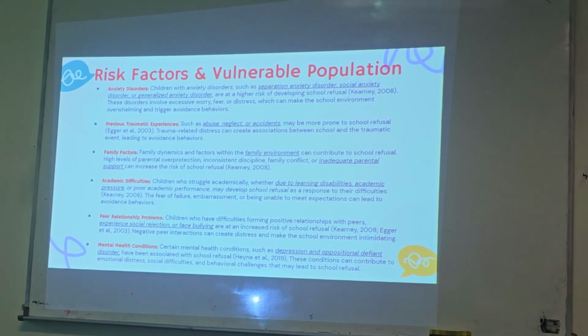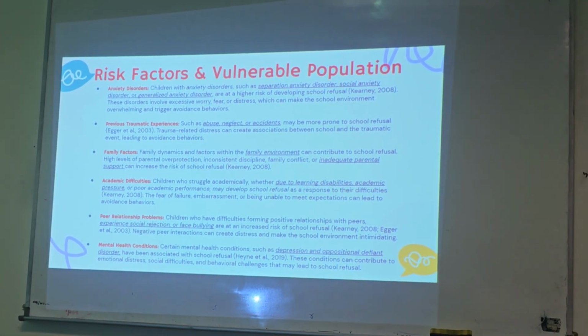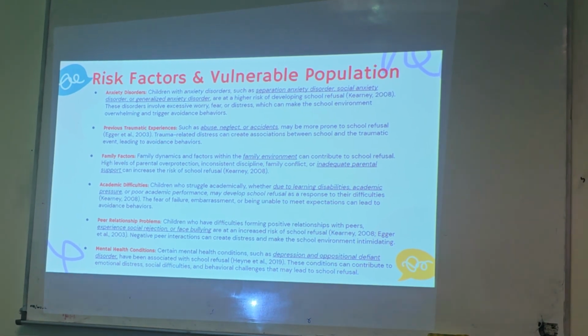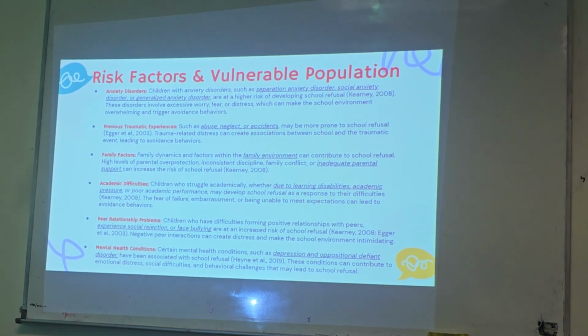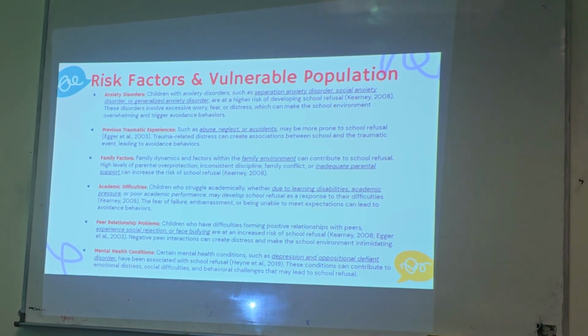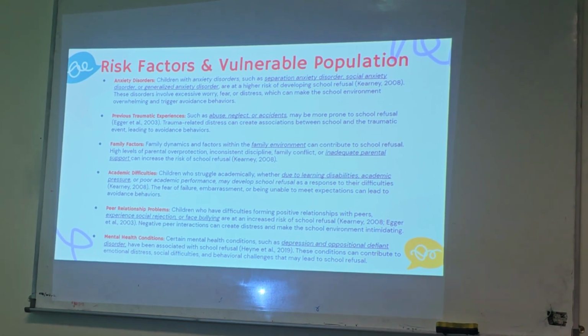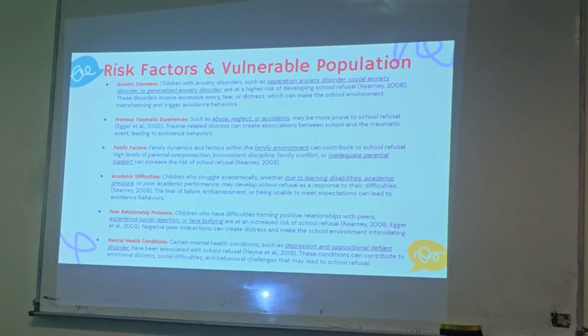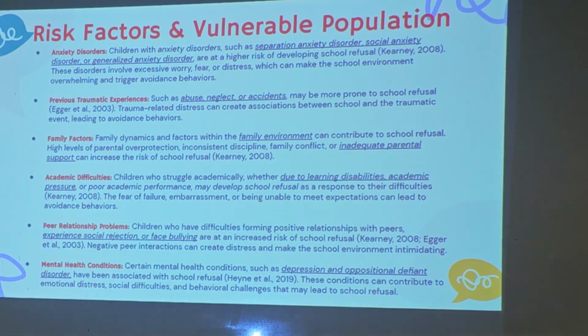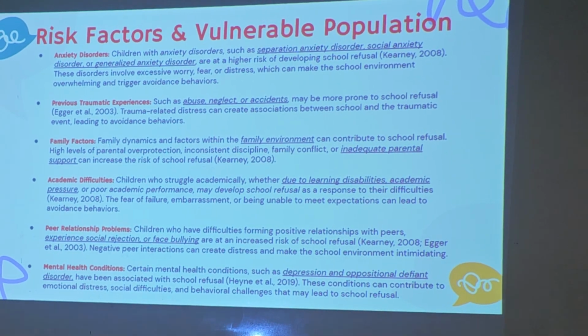Next are the family factors. What happens at home will obviously really impact the child. If the family is more or less dysfunctional, or there's inadequate parental support, this can really impact the child to refuse to go to school. And next is academic difficulties.